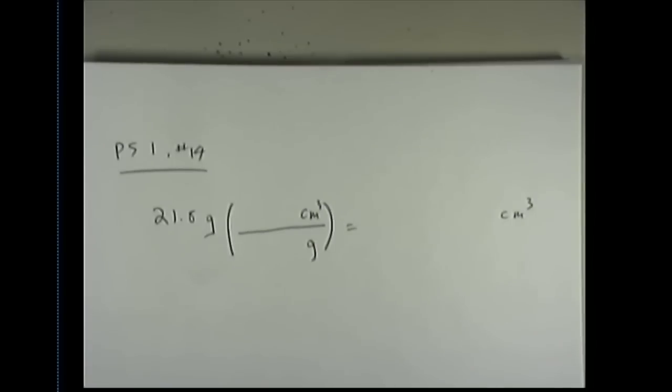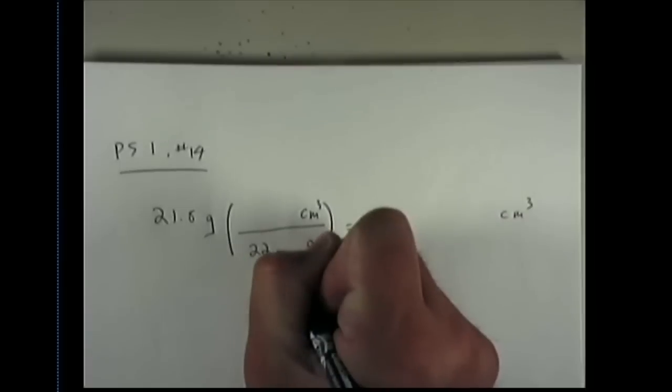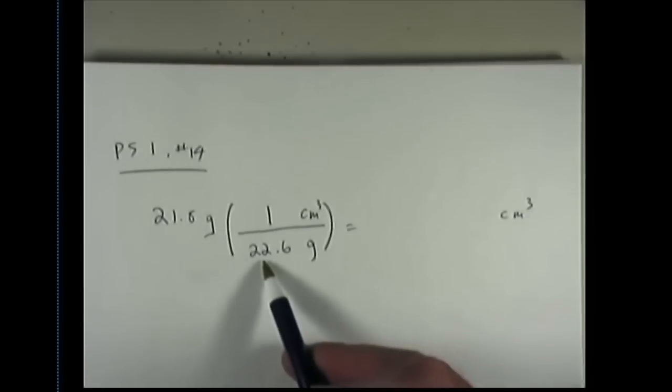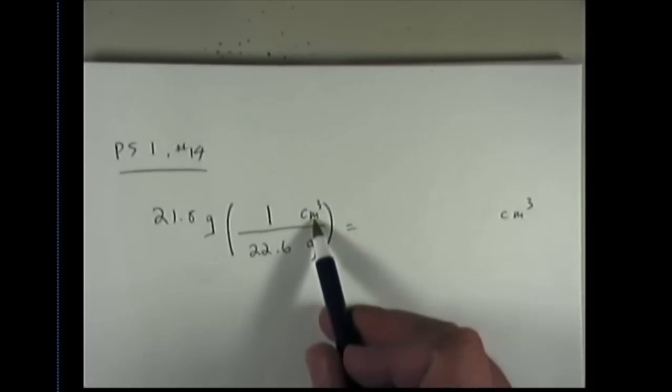The next step that I have to do is make sure that I put in my proper numbers. It tells me that there are 22.6 grams in 1 cubic centimeter for osmium. That is osmium's density. Now make sure that we put those numbers in the proper place. It says that there are 22.6 grams per cubic centimeter.